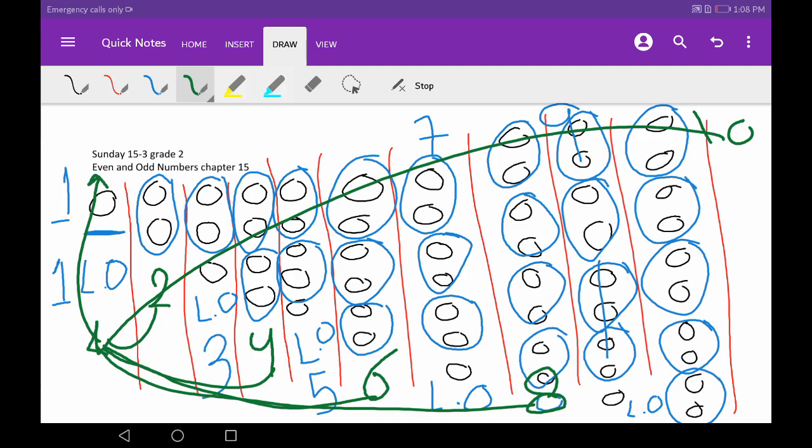So 2, 4, 6, 8, and 10 are called even numbers.